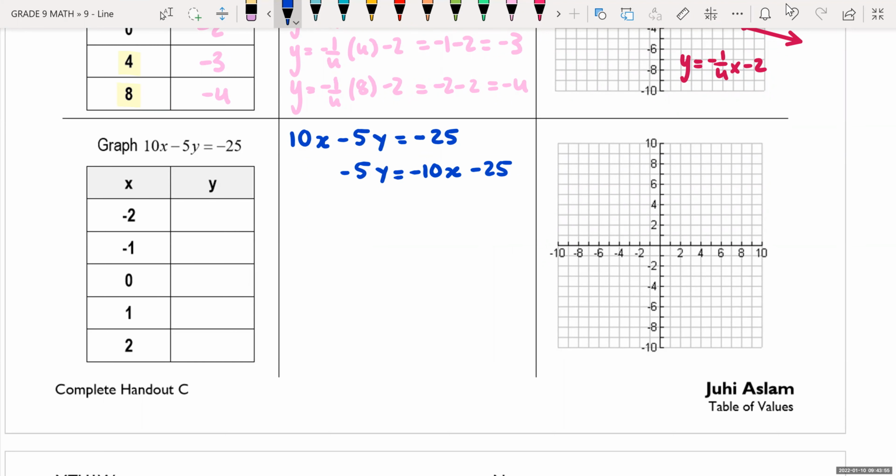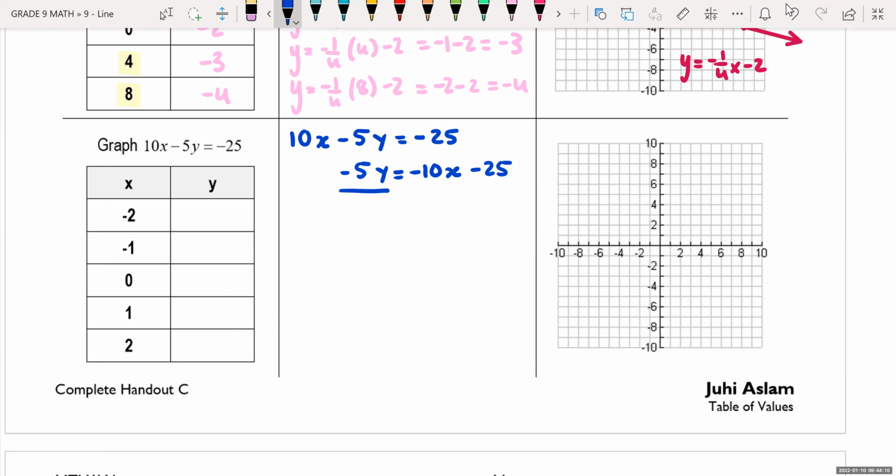Now, there's a -5 multiplied to the y. This means in order for me to get rid of it, I have to divide every single side by -5. So what's that going to look like?